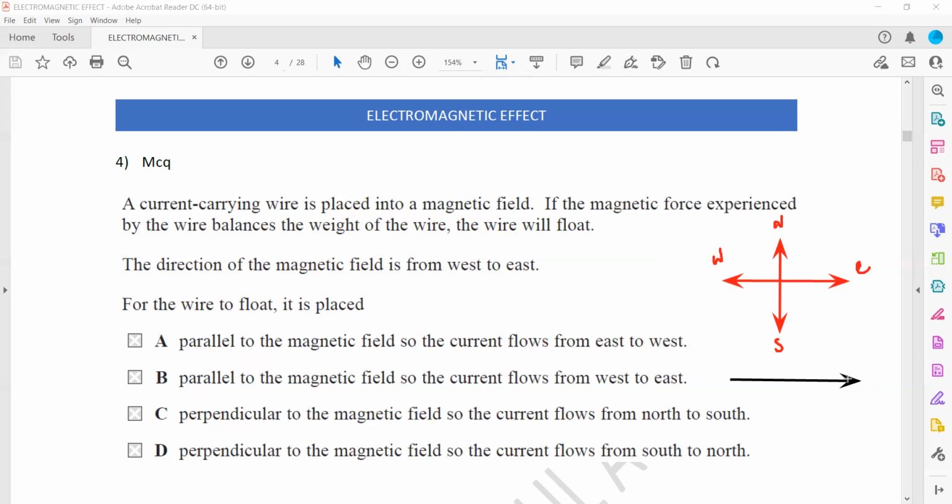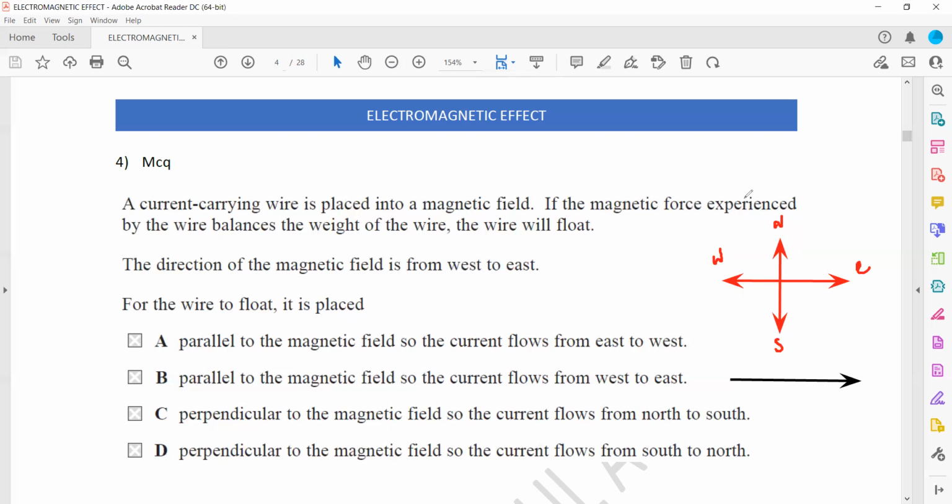The weight of this wire is acting downward. So the wire must be perpendicular. In which direction should the current flow so that it can balance the weight? When we apply this, the current is from north to south.